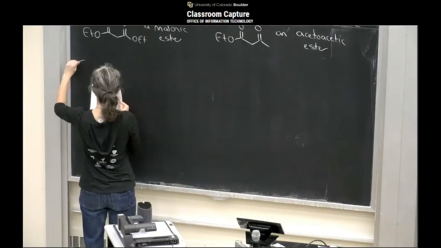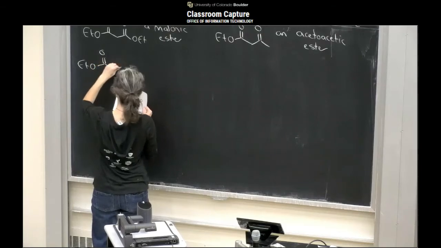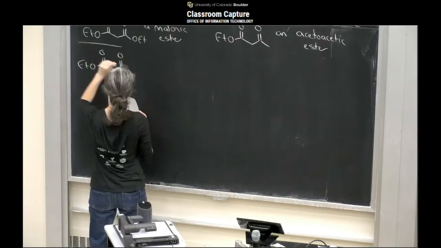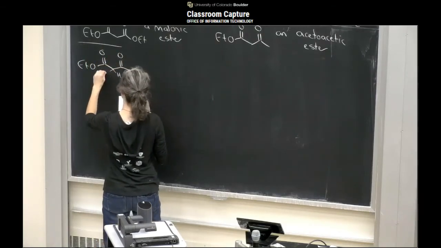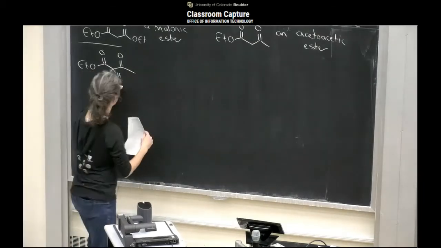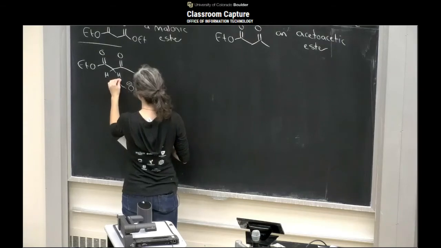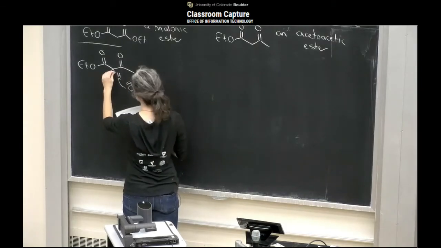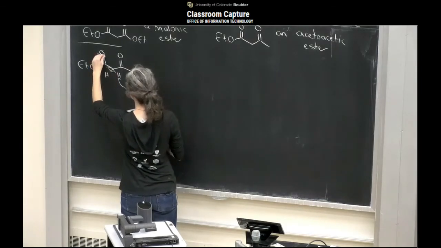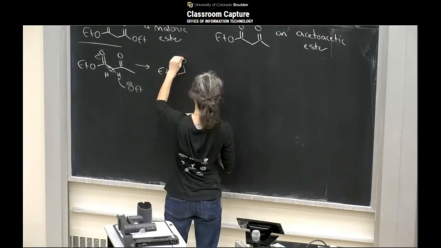So we're going to take this and hit it with ethoxide to make the enolate.